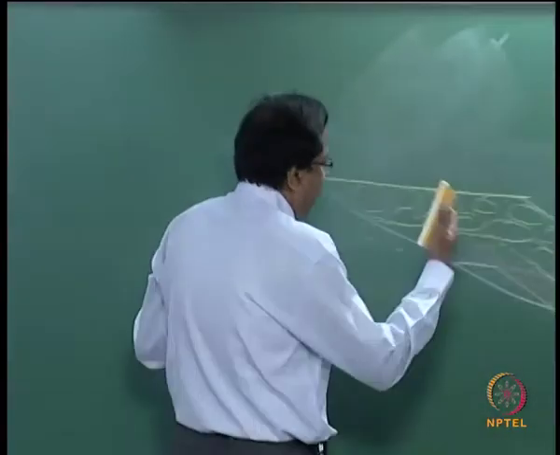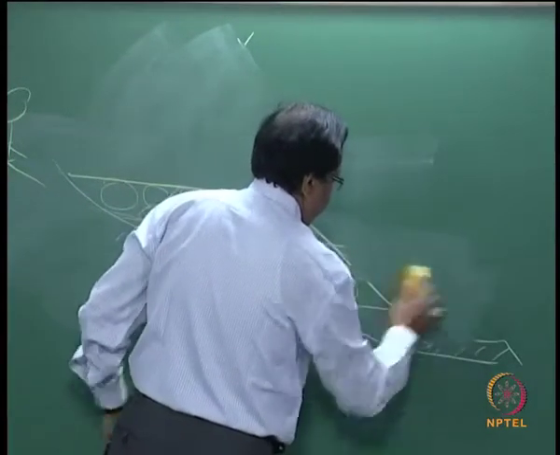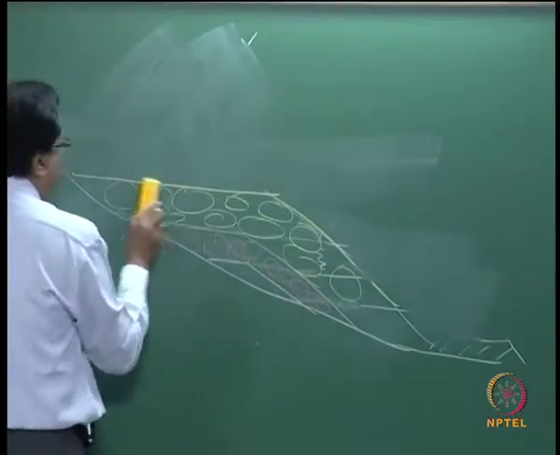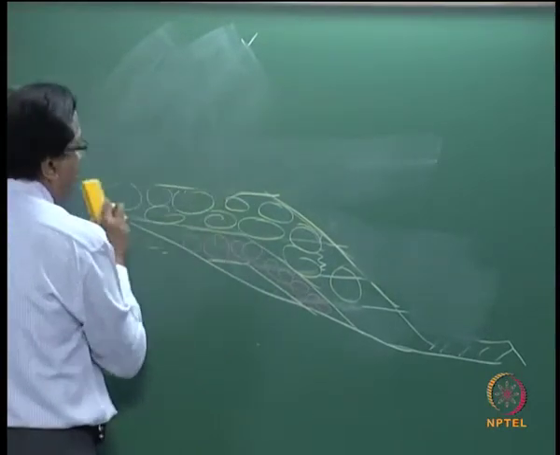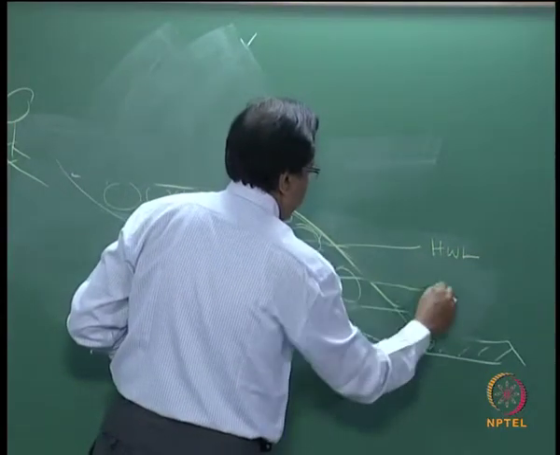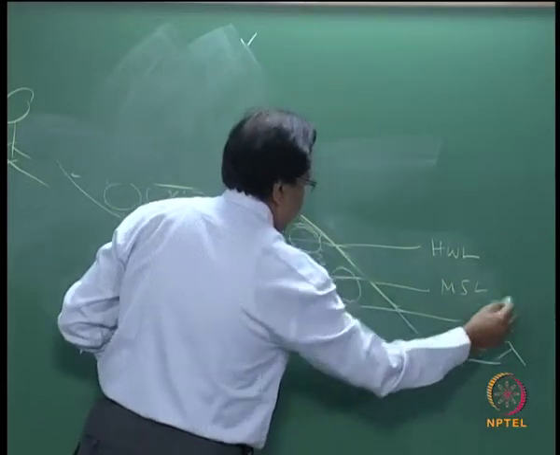Low groins can be the same thing. In order to make my drawing easier, I will retain the same thing: HWL, MSL and LWL. Okay.